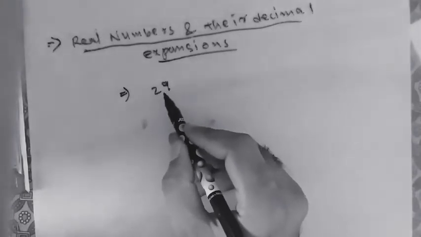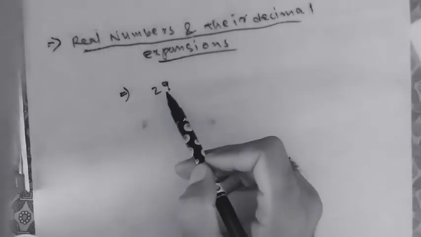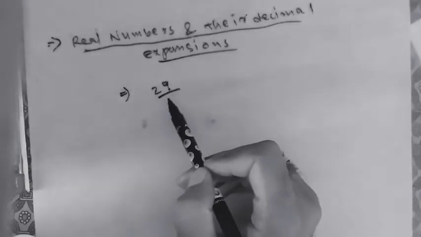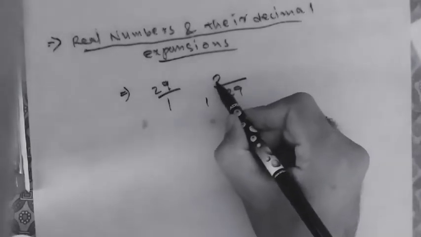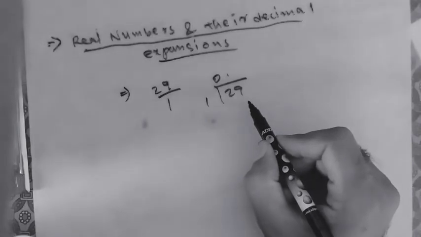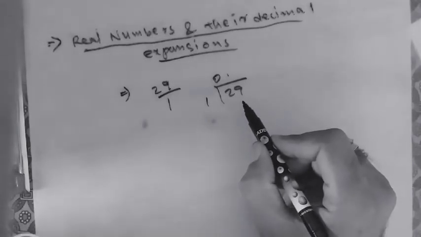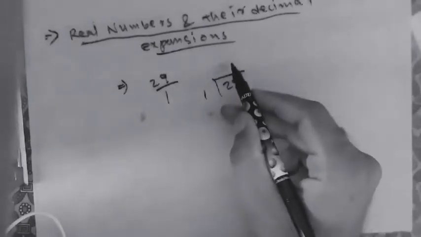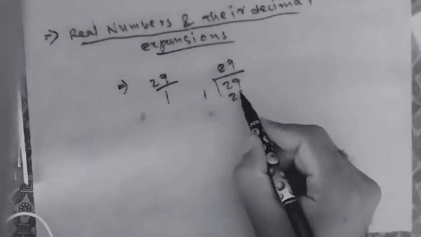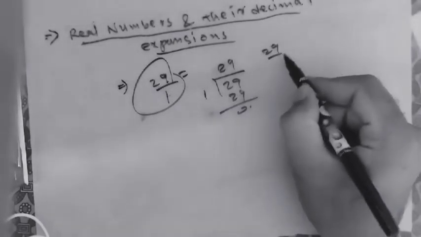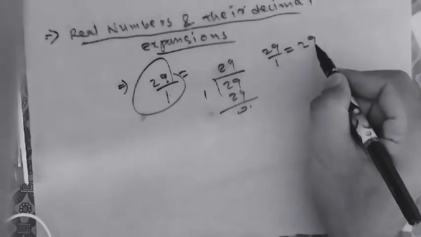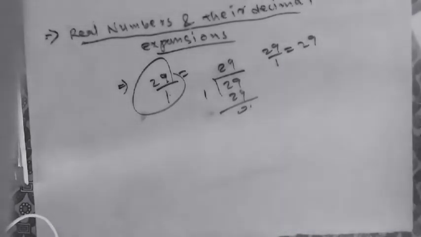Now if we want to write it down in decimal form, we can simply divide it by 1, and we get 1 into 29 is 29. So 29 by 1 is 29. Okay, 29 itself is a decimal number.